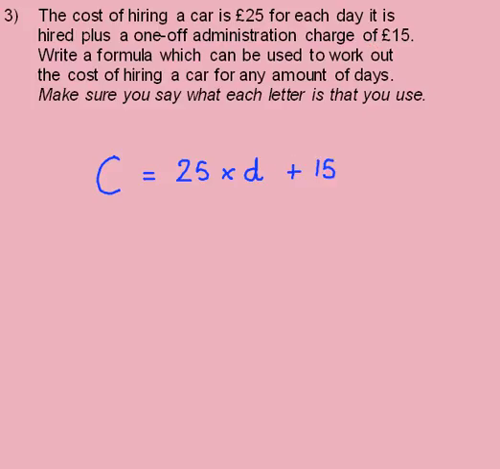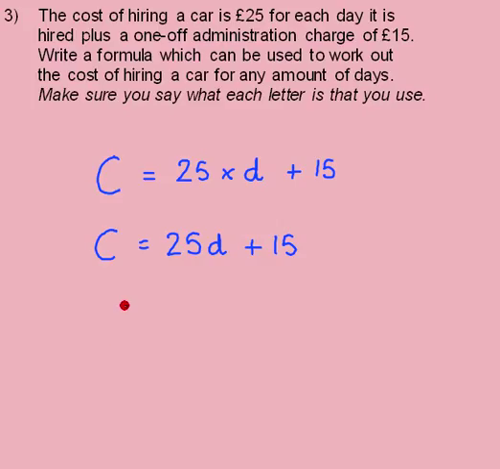Now I want to write this as mathematically as possible. So instead of writing 25 times D, I'm just going to change this bit to 25D. So the total cost C is 25D plus 15. This is my formula, but in the question it says make sure you say what each letter is that you use.